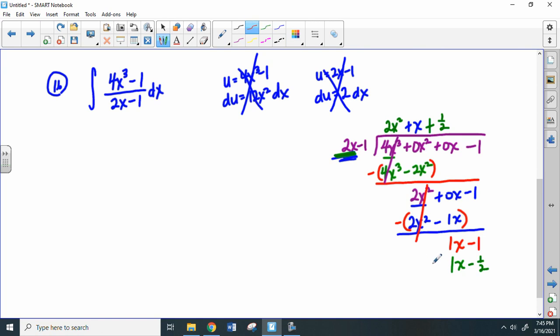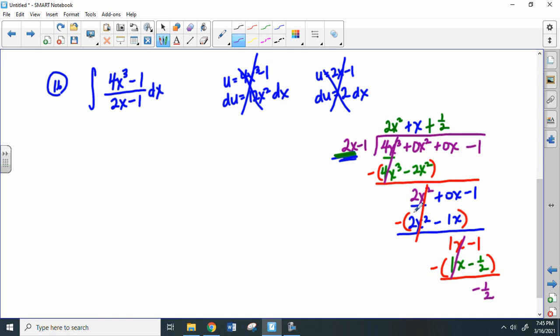And then I need to subtract. And the 1x's will cancel. And I actually have negative 1 plus 1/2, which is negative 1/2. Now, because I don't have an x anymore, because all the x's are gone, there's no way to keep going.